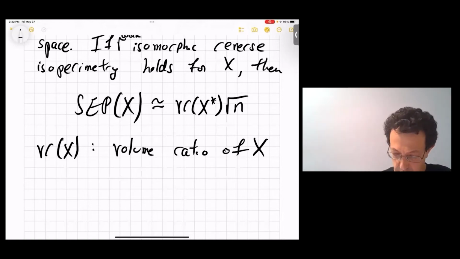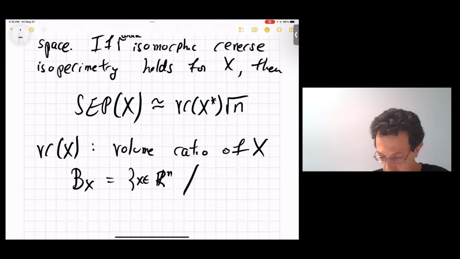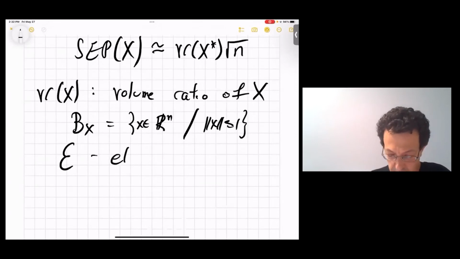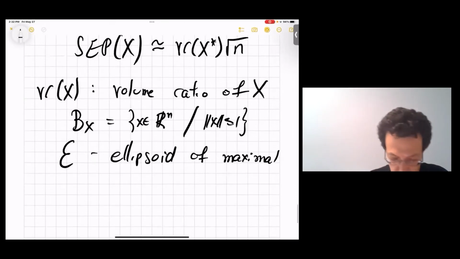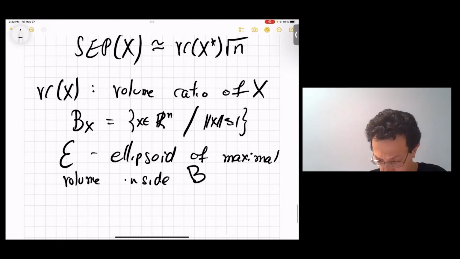It's the following: you take X, for any norm, and look at the unit ball B_X. Then let E be the ellipsoid of maximal volume inside B_X.